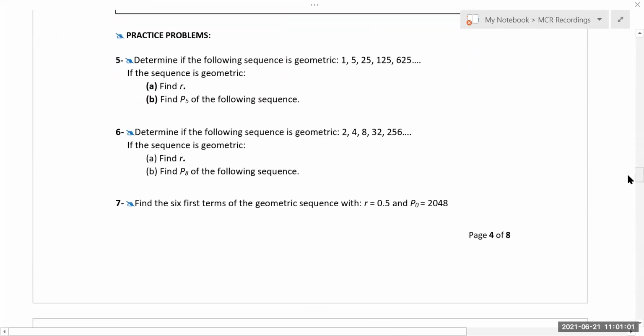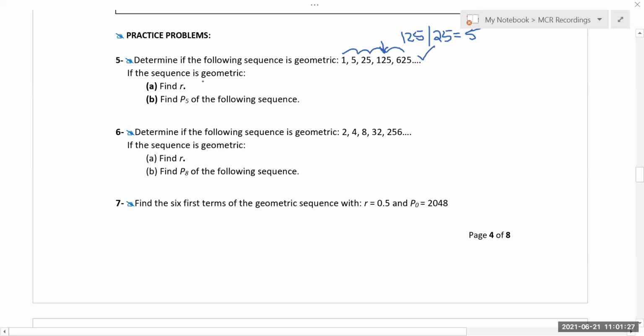So for our practice problems, once you've determined that your sequence is geometric, we can then keep going. So in order to be geometric though, take any one term, not the first term. I'm going to take my 125 and divide by the previous term, and that's your r. But always double check: times 5, times 5, times 5, times 5.